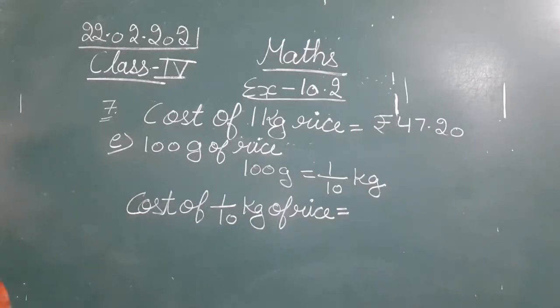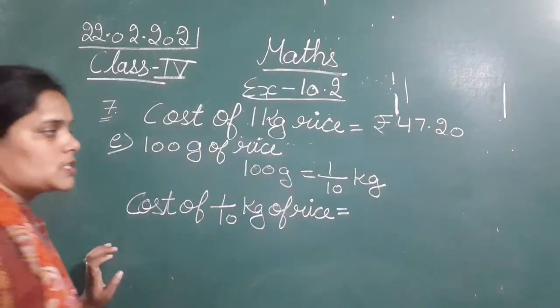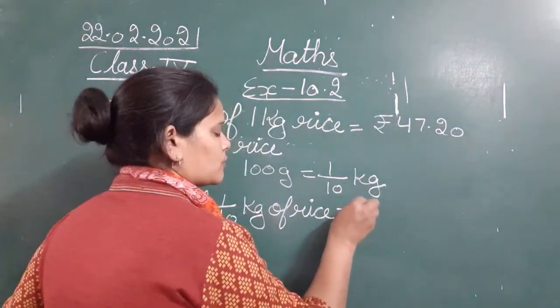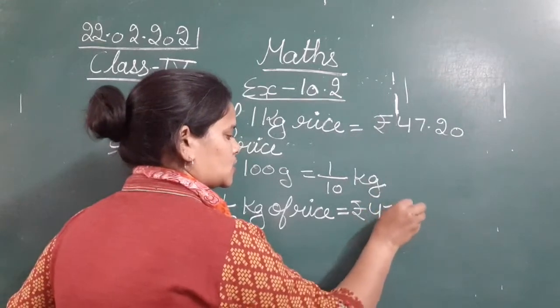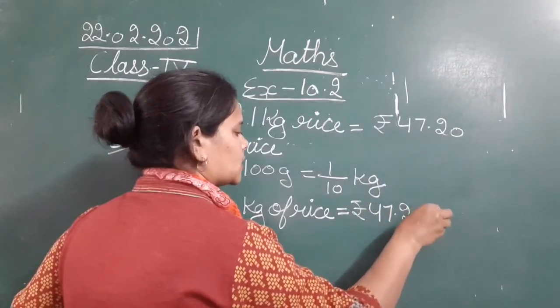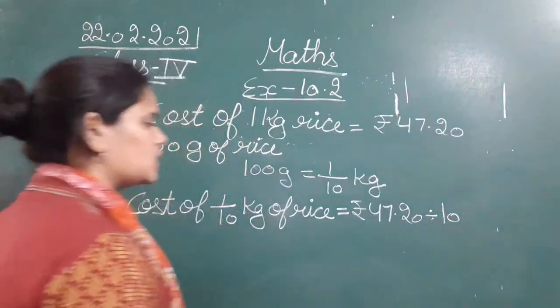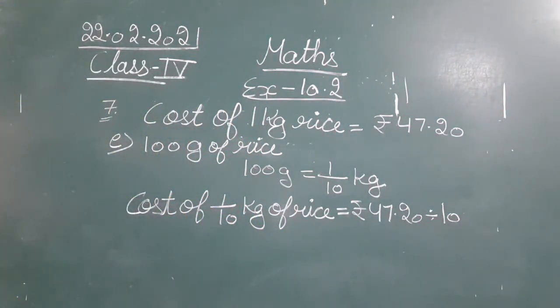For calculating the cost of 1/10 kg of rice, we will divide the cost of 1 kg of rice with 10. So that means we will divide 47 rupees and 20 paise with 10 for calculating the cost of 100 gram or 1/10 kg of rice.